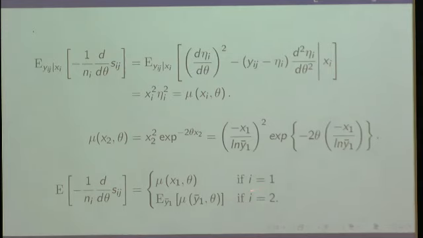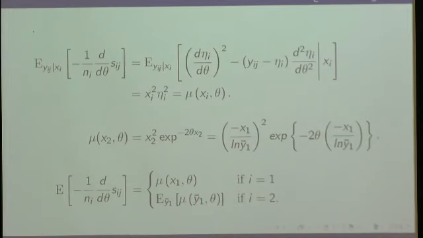But for the unit information from stage 2, you have to wonder what it is now. To get Fisher's information, you have to take an expectation of this over y1 bar. Okay, that's what I wanted to say.